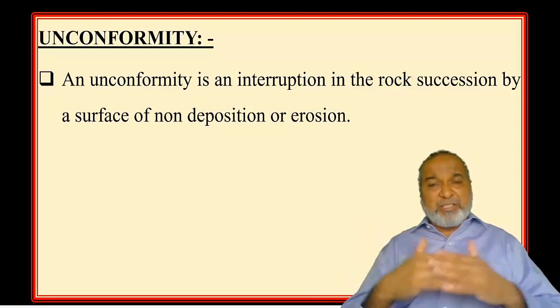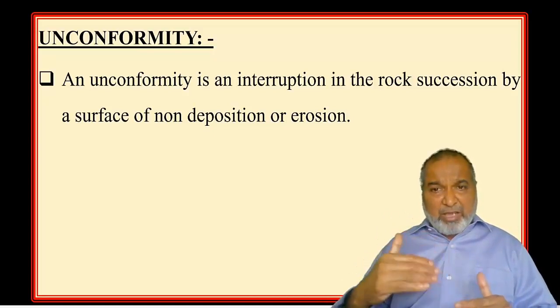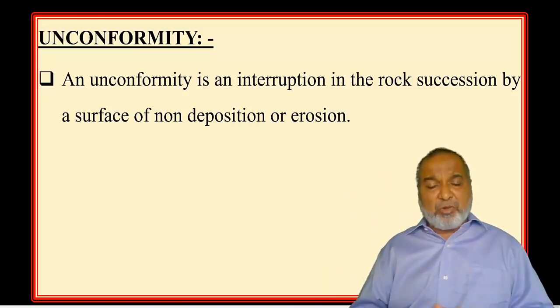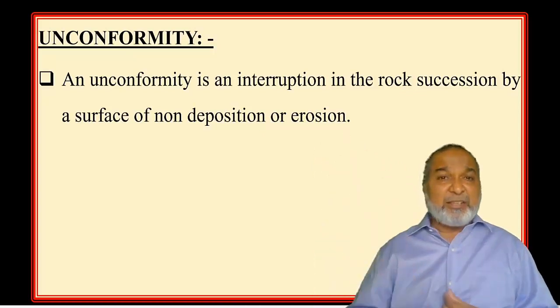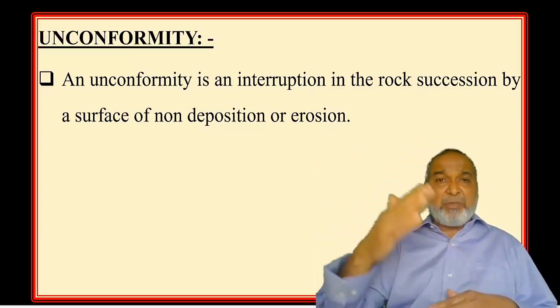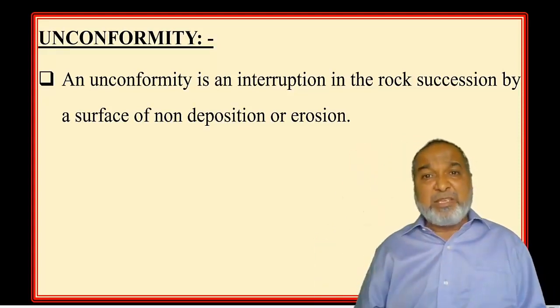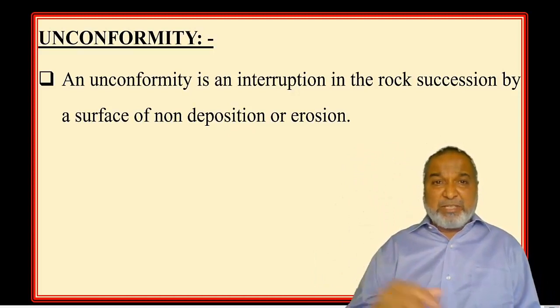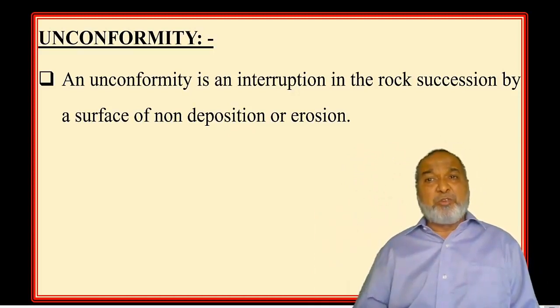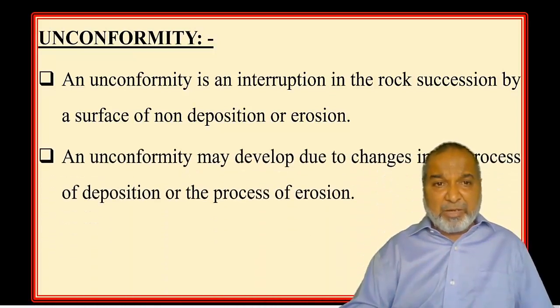We don't know, but what is happening is, whatever beds have been deposited, say for example A, B, C, D, E beds are deposited, out of this E and D beds are eroded, and directly on that, the next bed, P bed, is deposited. So in between there is a missing record, and that missing record, the contact between the two different formations, will be called the unconformity.